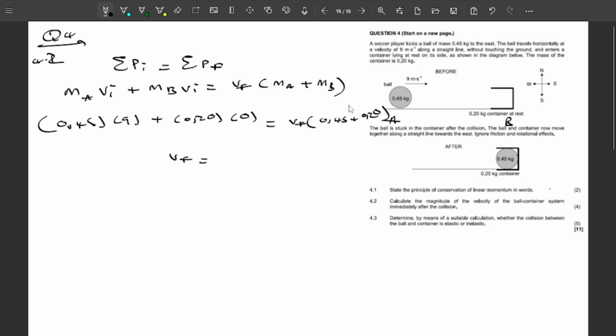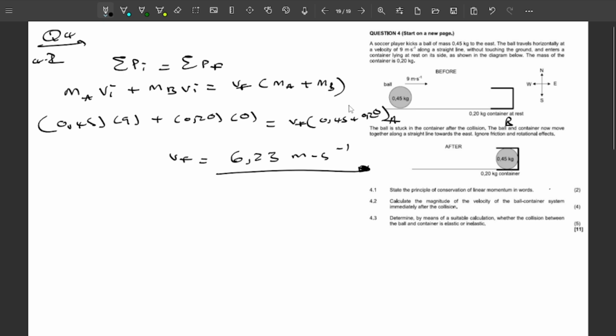So take that and divide, and your answer should be 6.23 meters per second.